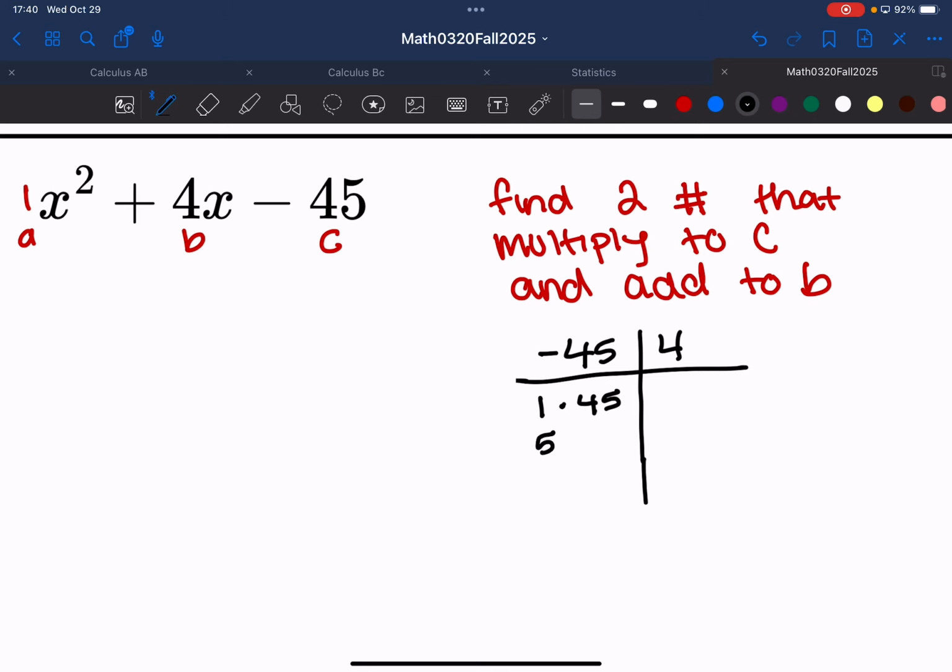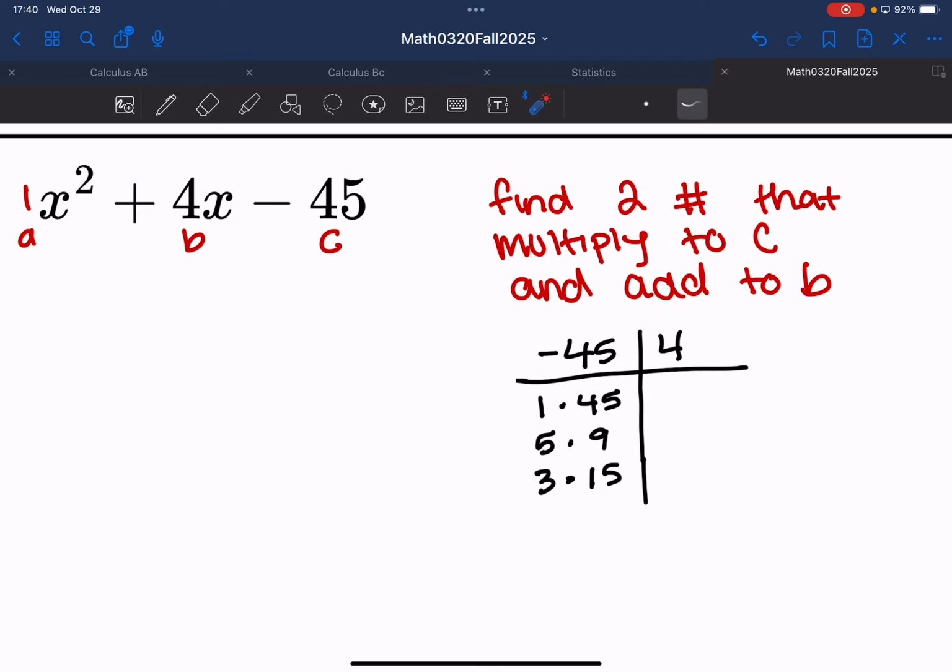Okay, so we can do 5 times 9. Anything else? 3 times 15. Okay, and I think that's it with the factors. So these are all the numbers that multiply to 45. Since this is a negative 45, that means this first number could be negative or the second number could be negative. It really just depends on what we're needing.